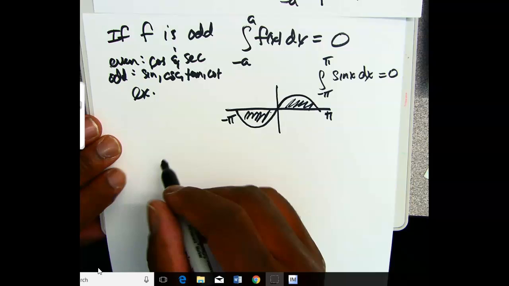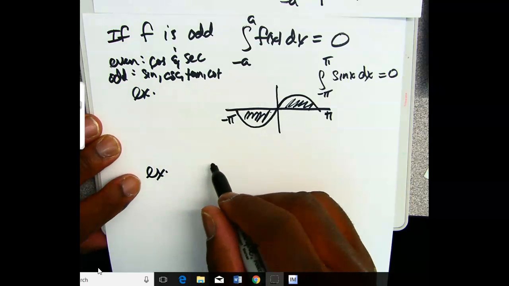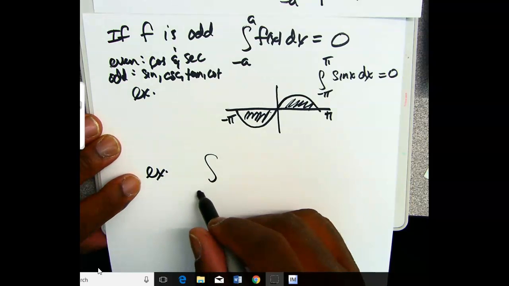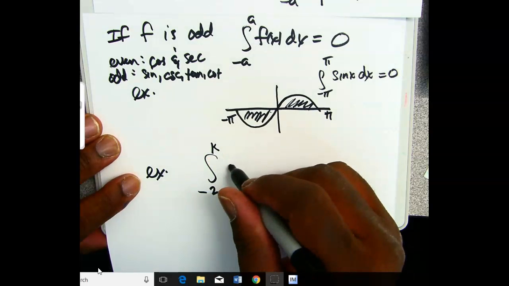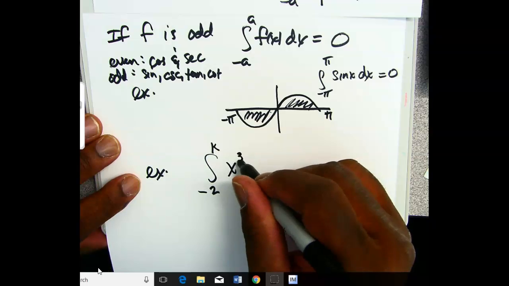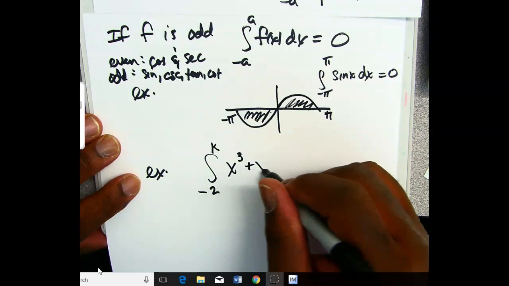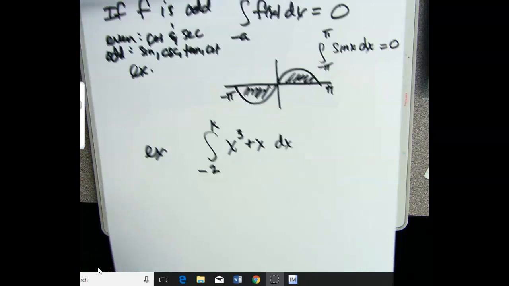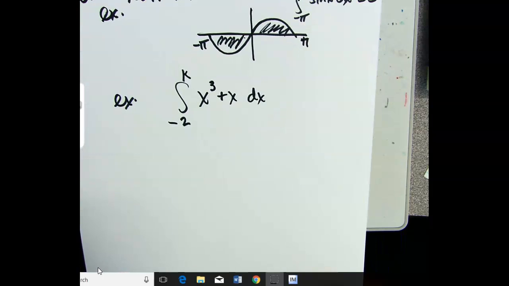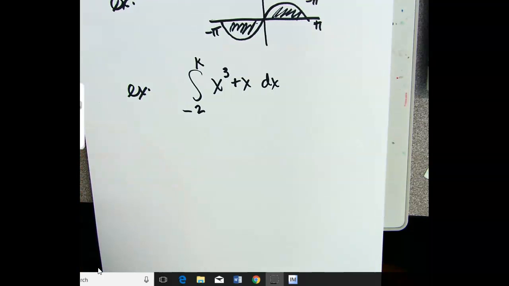Let's say I gave you this problem. The integral from negative 2 to k of x cubed plus x dx. So my question to you is, what value of k will guarantee that this integral is 0?